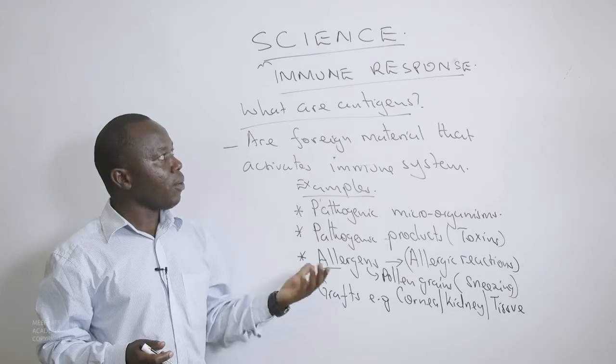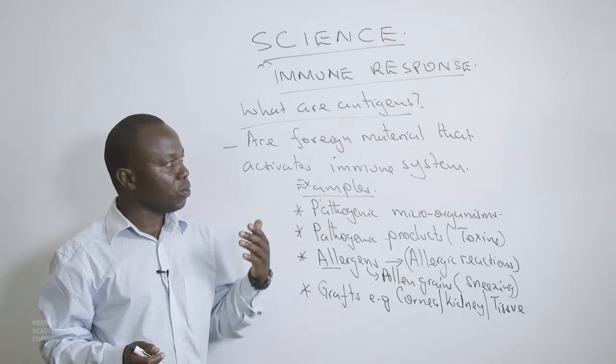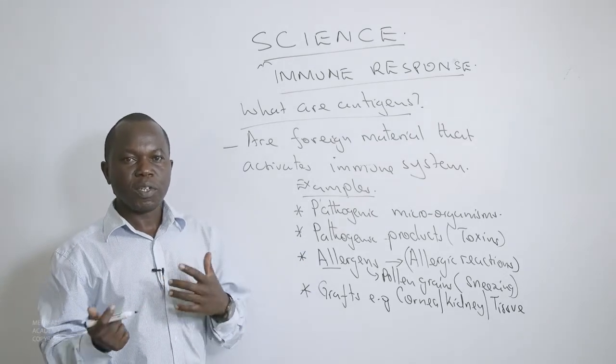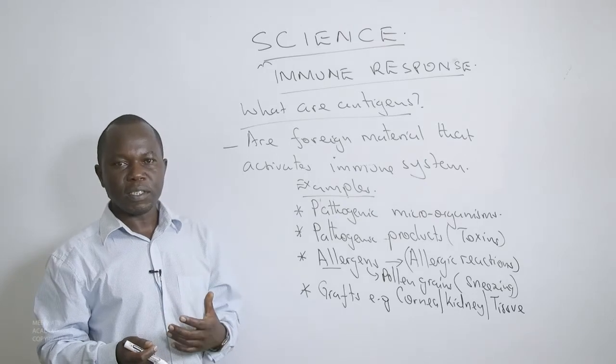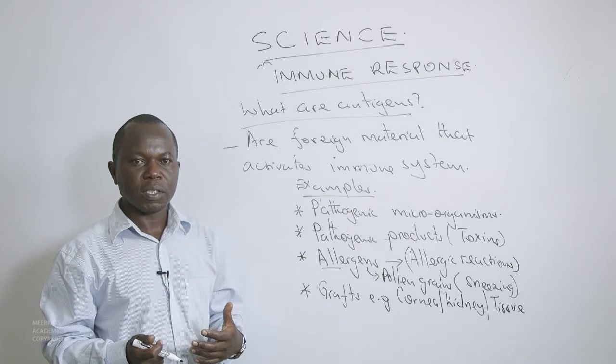But now, how does the immune system respond to antigens? There are two main ways: through production of phagocytes and also through production of macrophages.